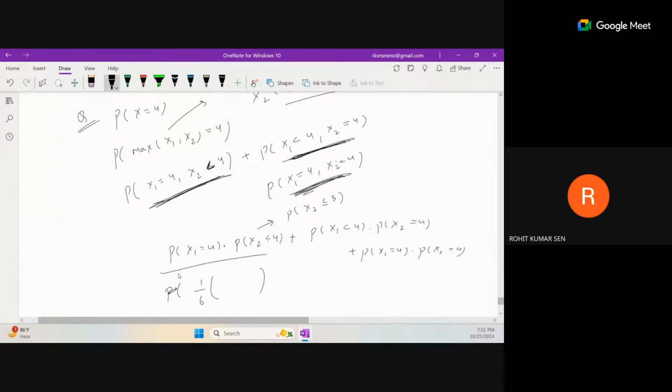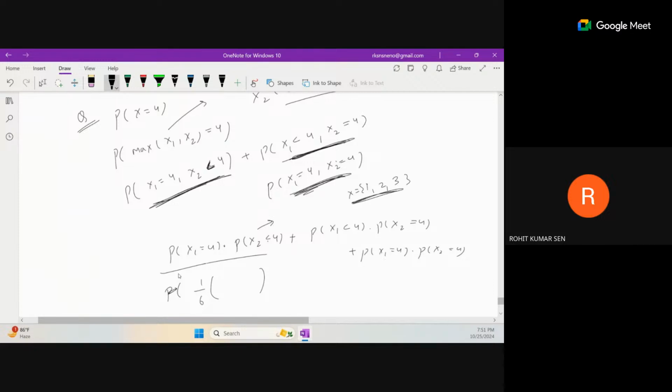right? It is the same. Probability of x2 lesser than 4 equals what? Probability of x2 lesser than or equal to 3. It is equal to what? 3 by 6, right? If you solve in a simple way, x2 can be 1, x2 can be 2, x2 can be 3, right?